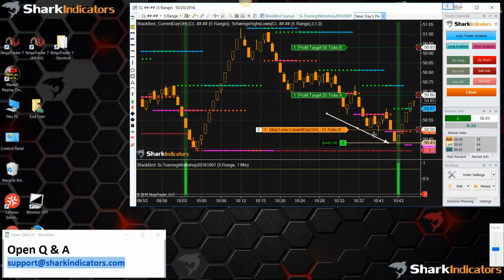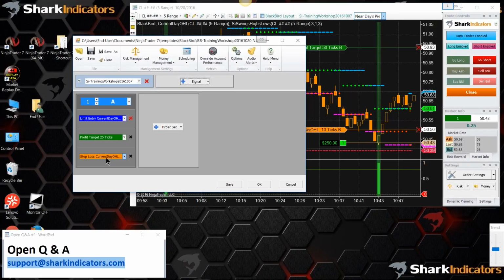But in any case, that's how you would set it up. And then it really comes down to finding an indicator that's going to recognize your swing points fast enough for you.